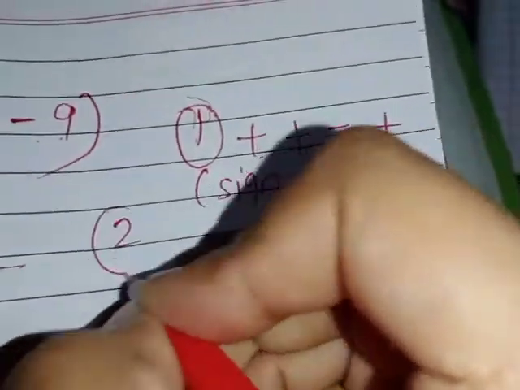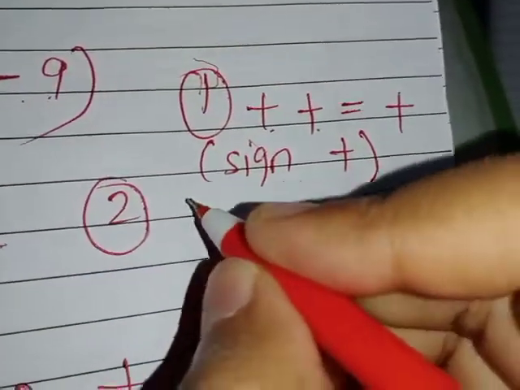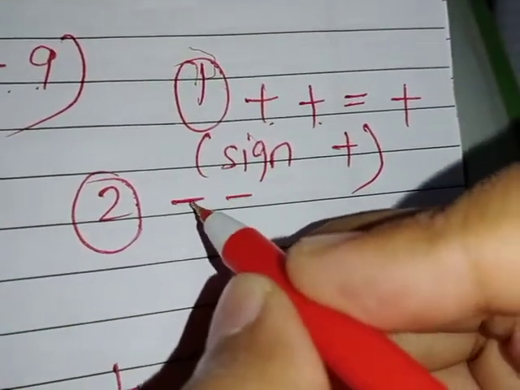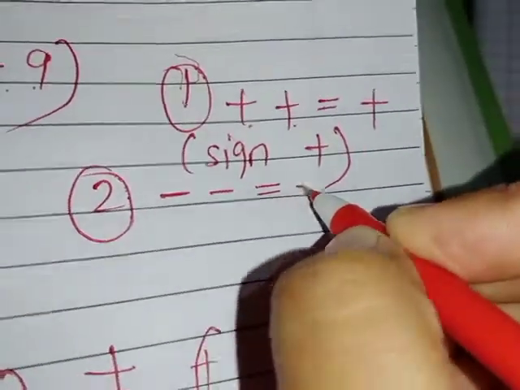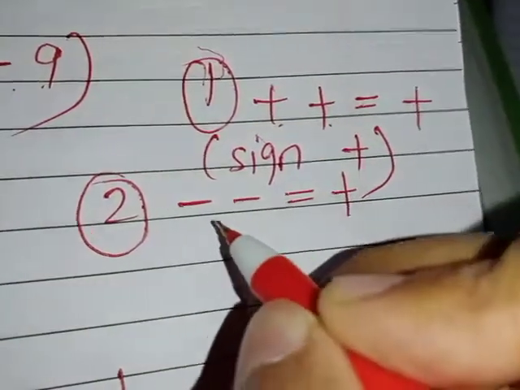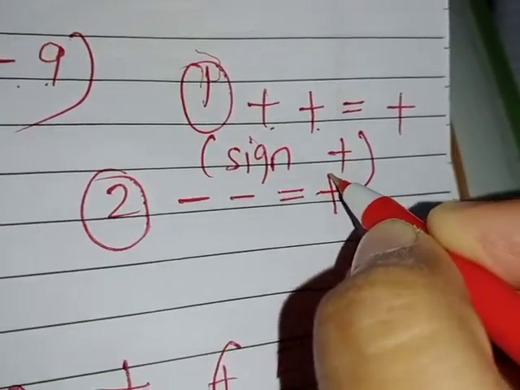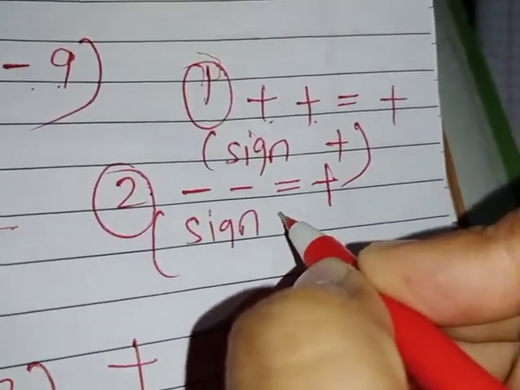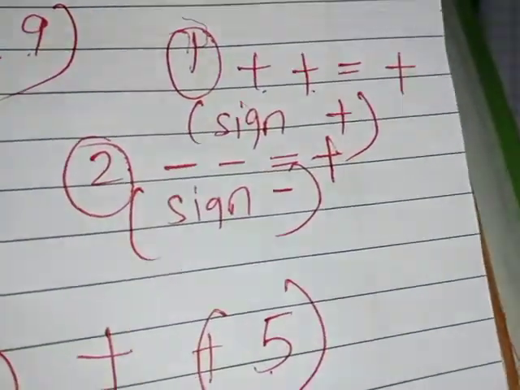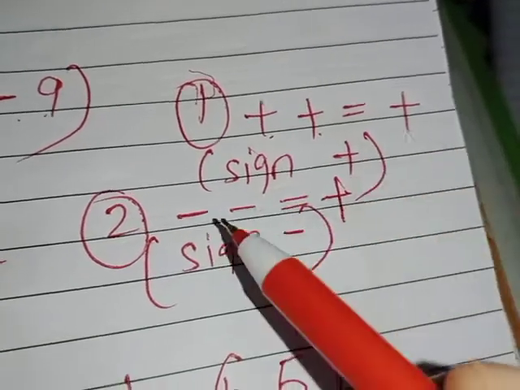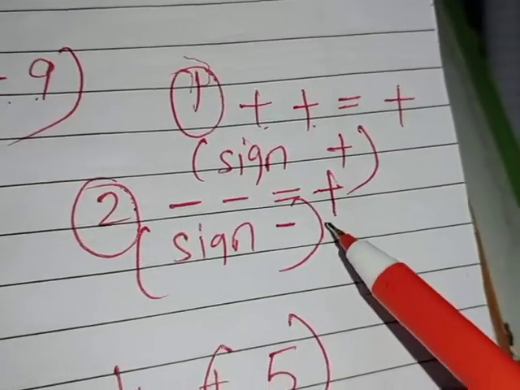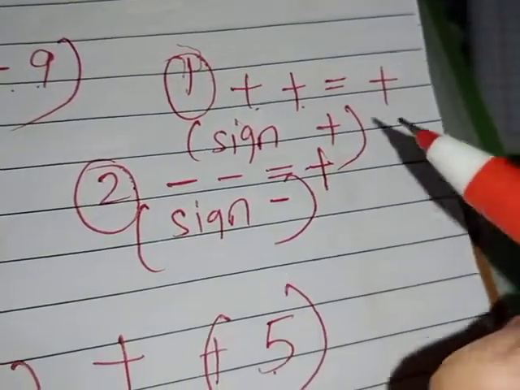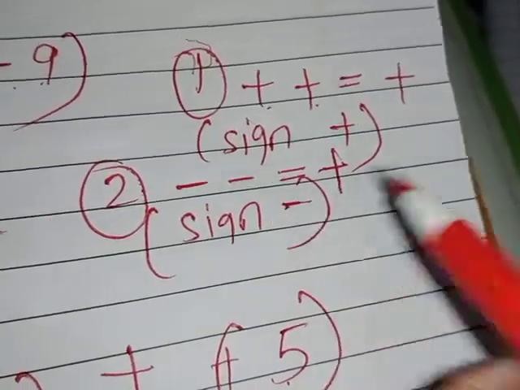And second point is, when we have both the negative integers, we will do the addition, but the sign we will put in our answer, that will be of minus. Okay, when both the integers are negative, we will add them for sure. After adding, in the answer, we will put the sign of minus.